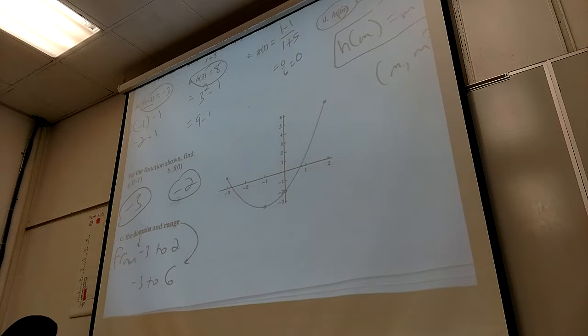So if there was a hole somewhere, you would always write the lowest one and the highest one, and then I have to exclude the hole because there's no output there. You could have holes in functions.